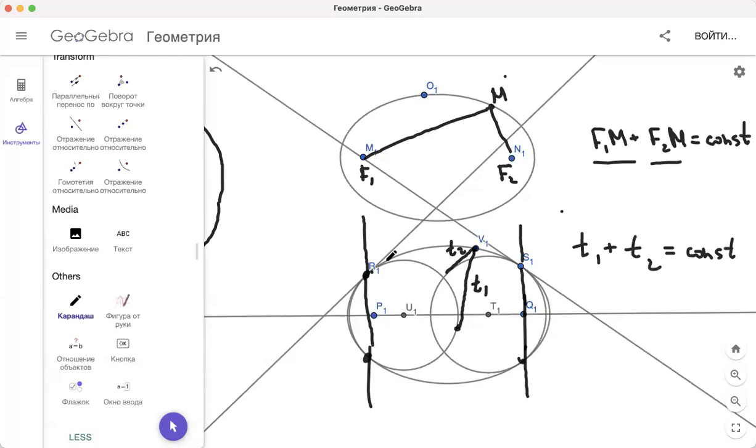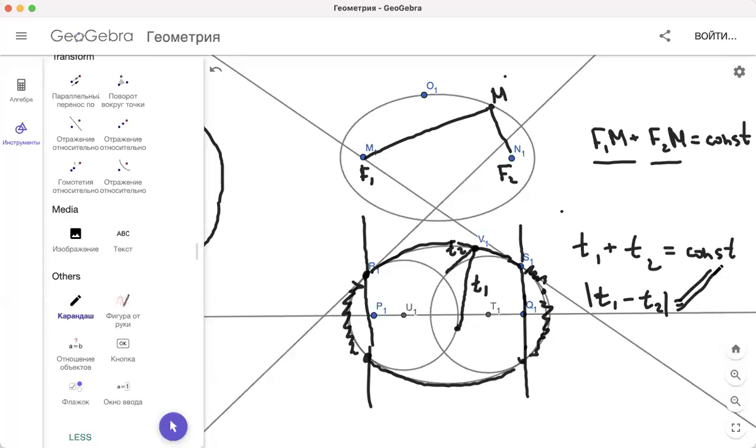So on these arcs. But if you take a point on the remaining arcs, you need to consider the modulus of the difference. And this also will be the same constant.